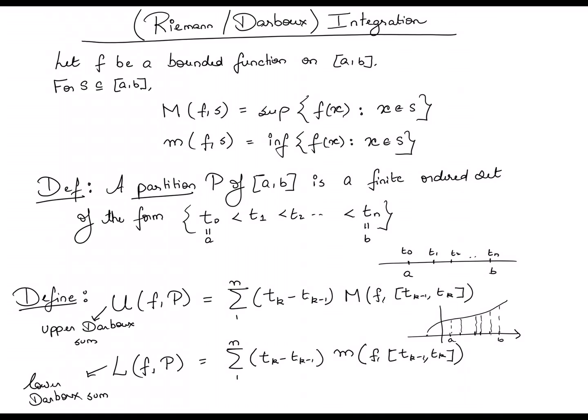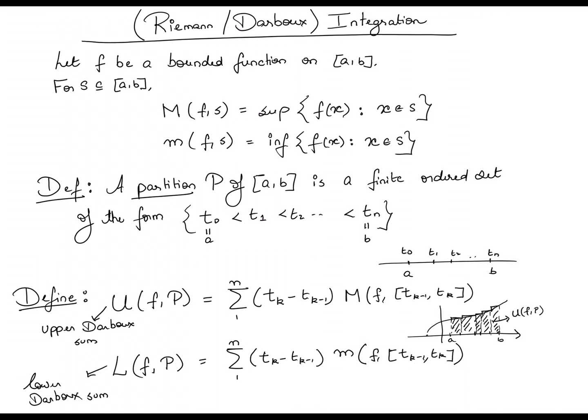So the upper Darboux sum in this case would basically be the sum of the areas of these rectangles. Right, so this area would essentially be U(f,P).